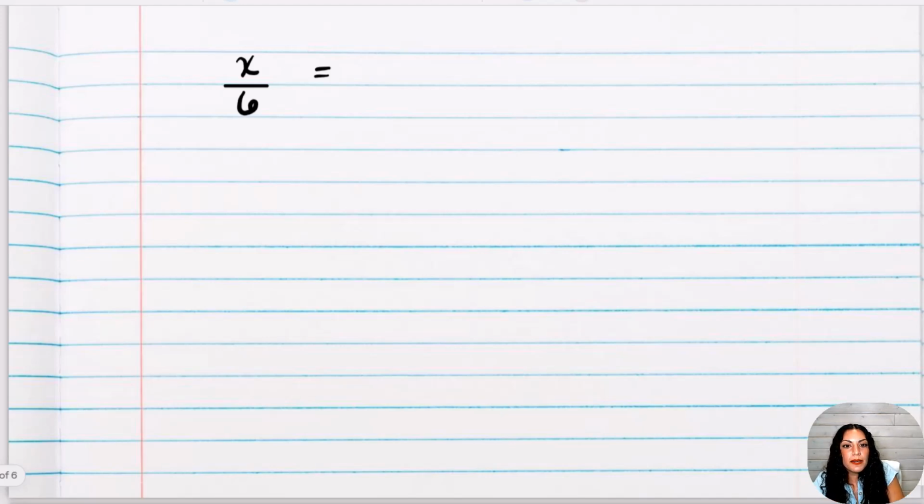So x divided by 6 equals -7. We're going to continue to organize ourselves, draw that line down that equal sign, find that x, and ask yourself, what is happening to that x? Well, like I just mentioned, this line means to divide. So the inverse operation of division is multiplication.